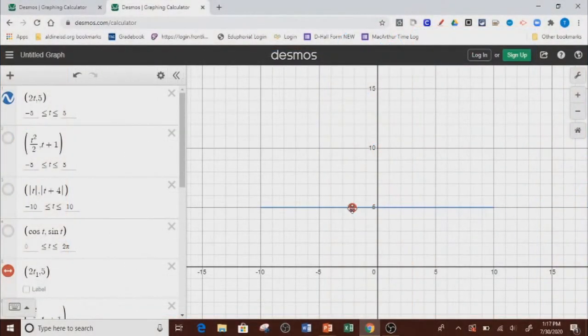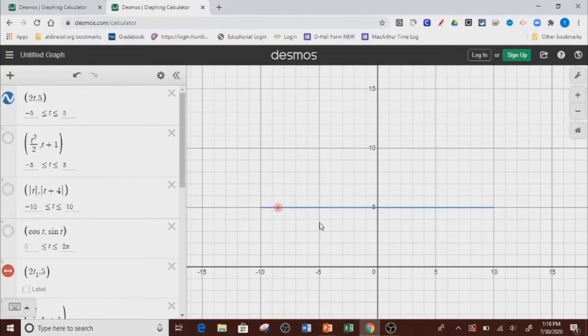For example, let's say you are a car. That's this red point right here, okay? And let's say that you're traveling along the x distance at 2 miles an hour. That's what this 2t represents if t is time given in hours.